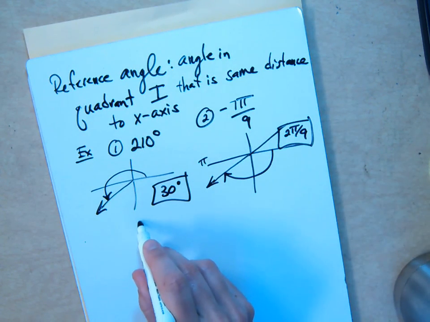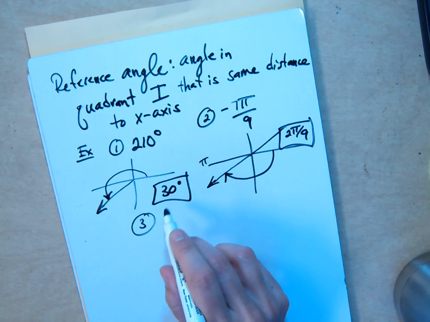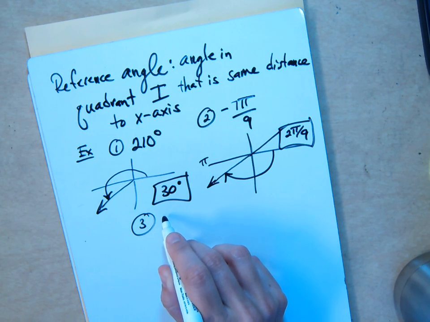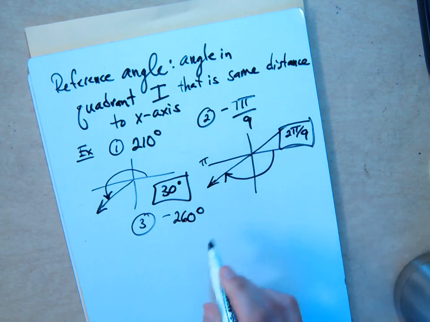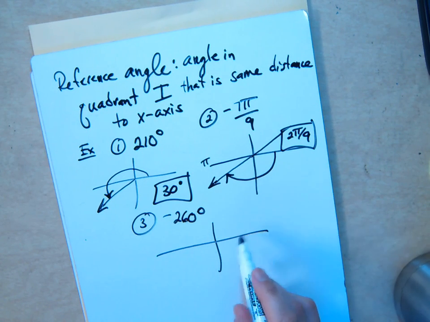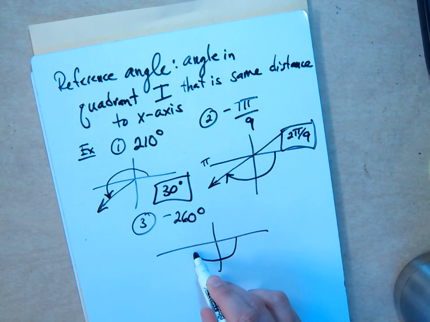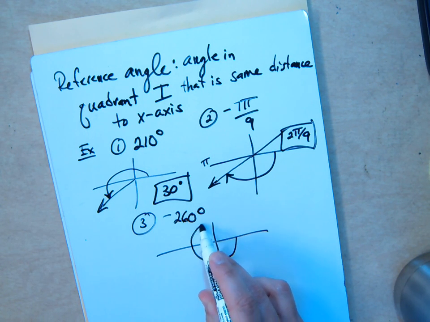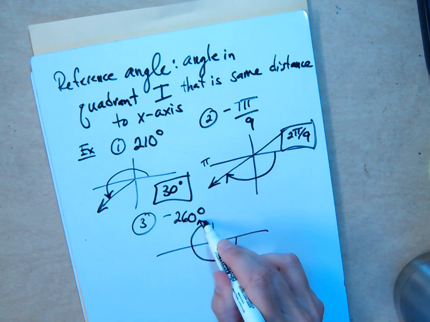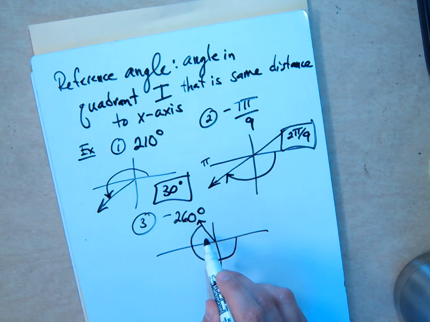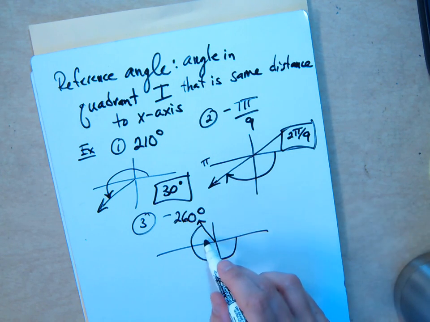Let's try one more, and then I will stop. Negative 260 degrees. You would rotate negative 180 plus 80 more, right? That's what negative 260 looks like. How far is it from the x-axis? 80 degrees.